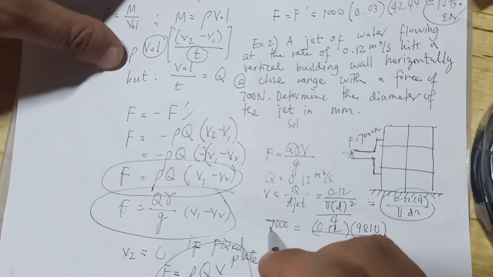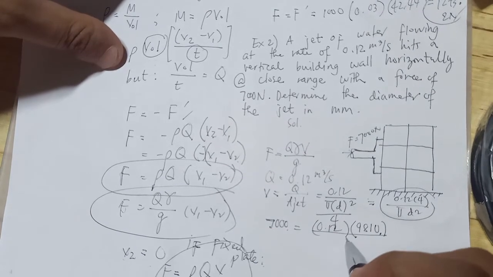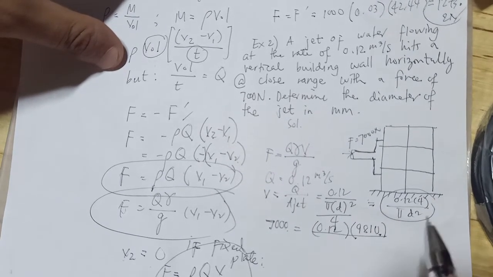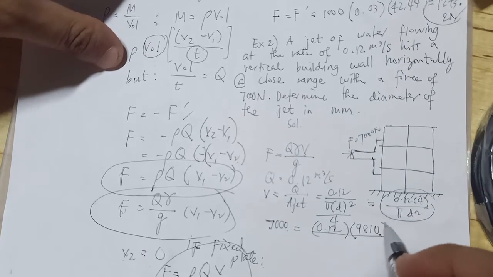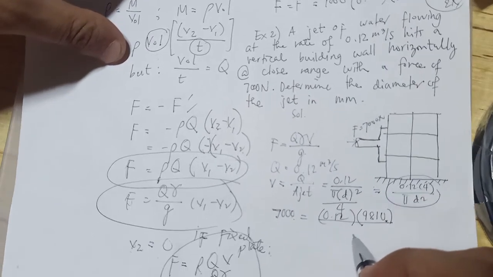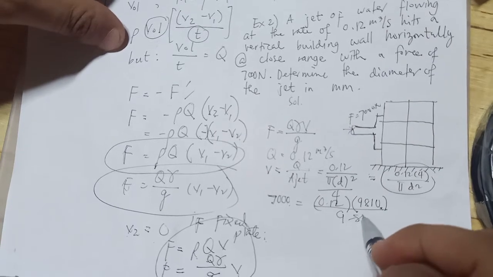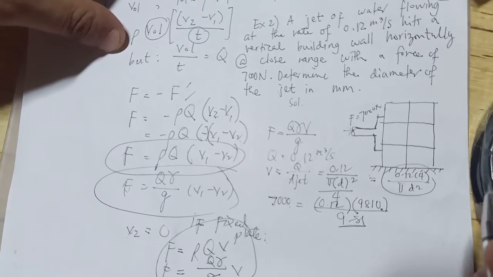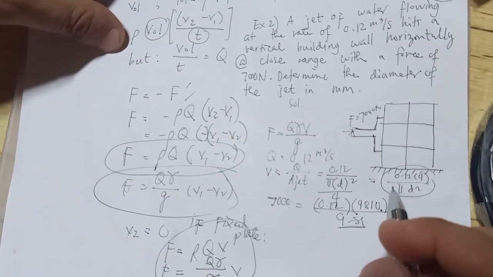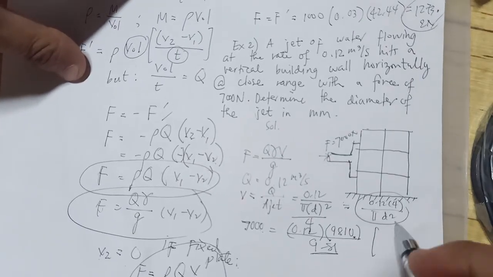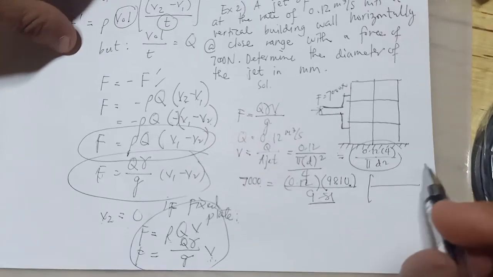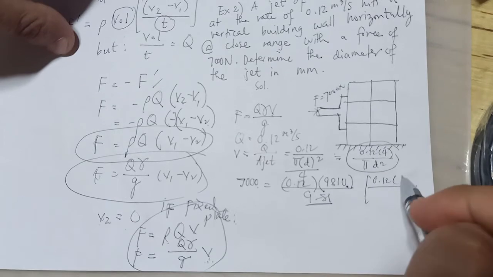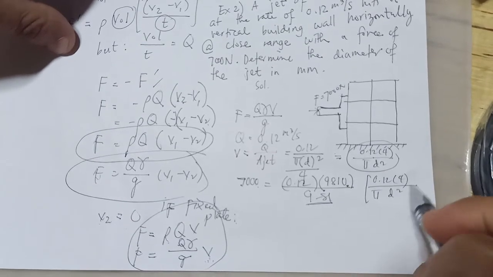So, 7 pinidari if kilonewton na itong kanandari. Anyway, so Newton, dapat in terms of Newton din ang value, constant value ng unit weight. And over 9.81, this one is acceleration due to gravity na. And times natin dito, 0.12 times 4 over pi D squared.